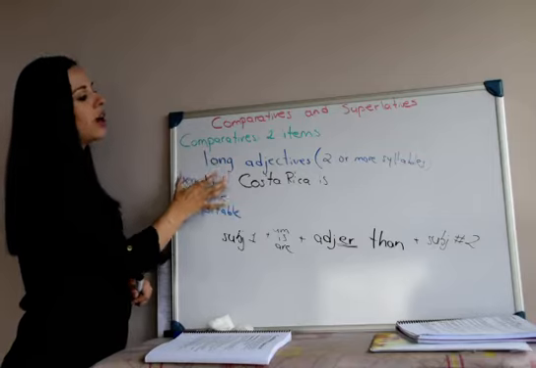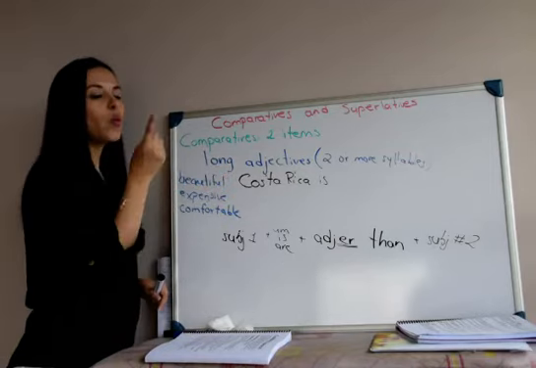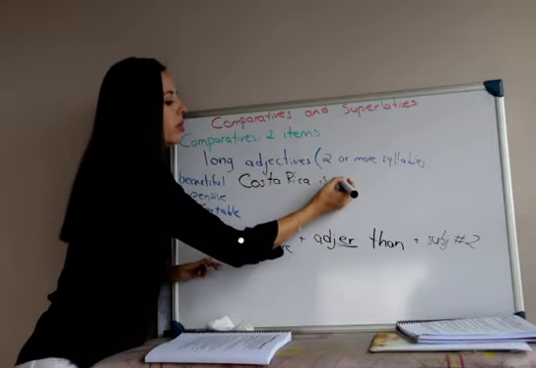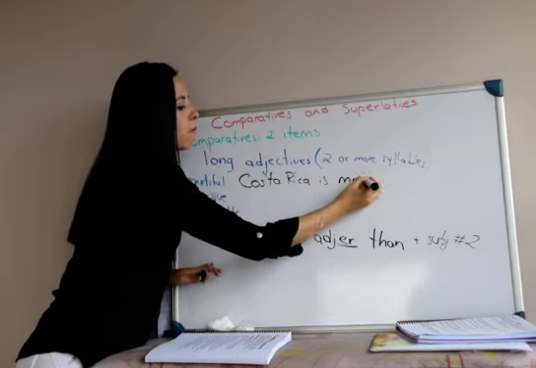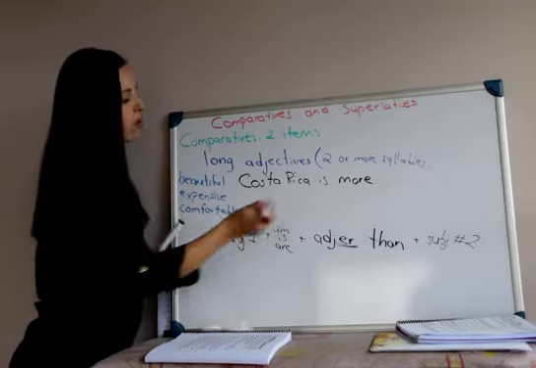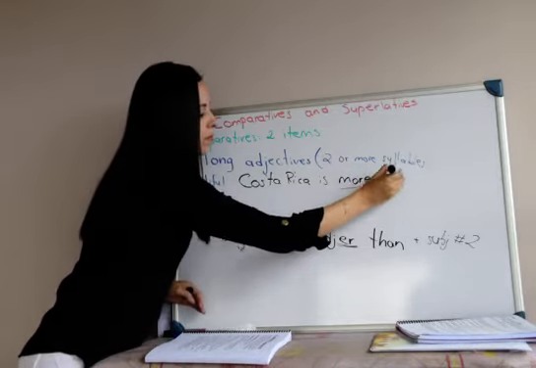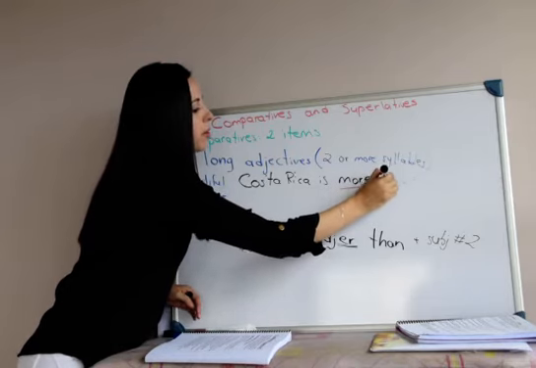This is a very long adjective. So in this case, we don't use er. With long adjectives, we only have to write more. Okay, we write more before the adjective. More beautiful.